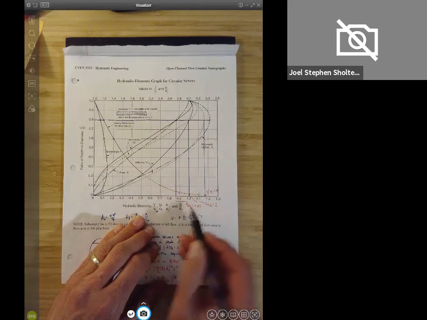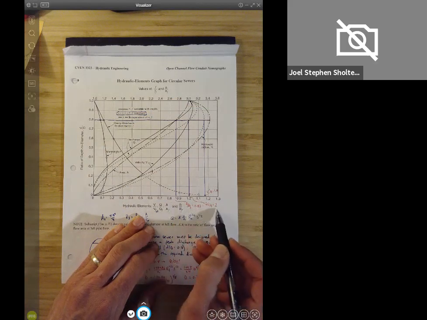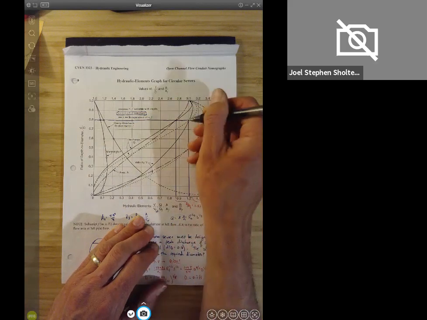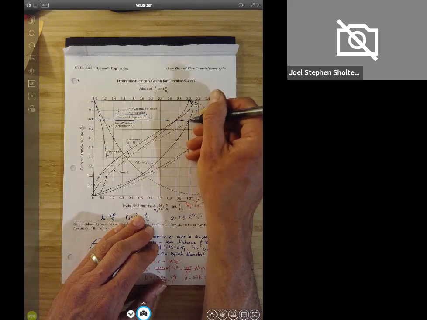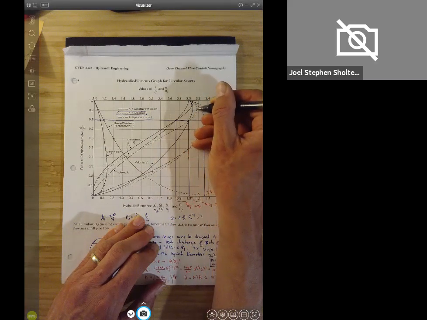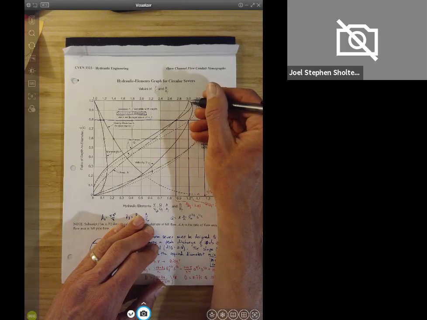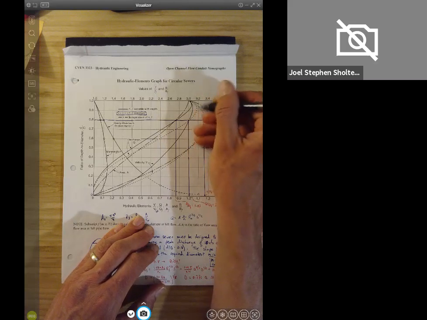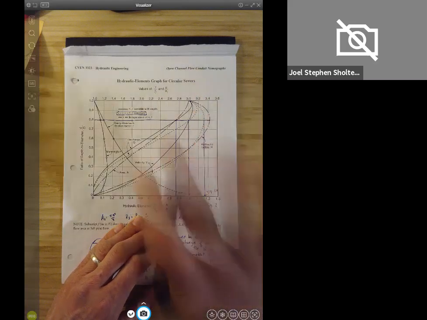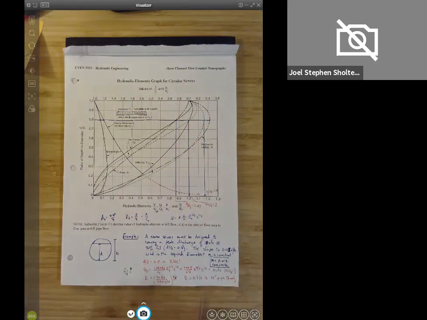Okay, so now we know that Q over Q_F is going to be 1. We can actually go greater than 1 over Q over Q_F, and then once you get to full again, you've got that whole full wetted perimeter, and so there's more friction. So there's actually a maximum value at around 0.92 or something like that. Anyway, we'll go back to the problem. So Q over Q_F is equal to 1.